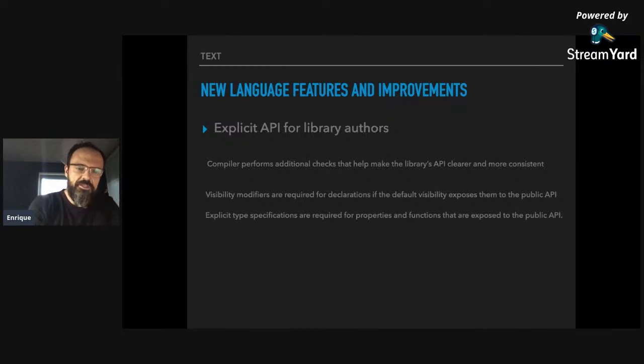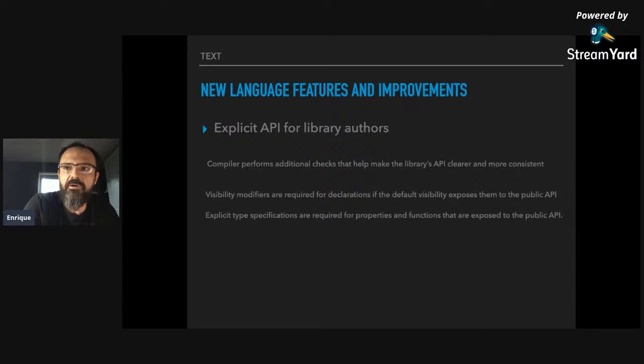This is one of the features that I find more interesting. I guess there is a certain correlation between Android developers and Kotlin developers, and there is this explicit API mode for library authors. The Kotlin compiler offers this mode for people writing libraries, and in this mode, essentially, the compiler will perform some additional checks that will help to make the library API clearer and more consistent.